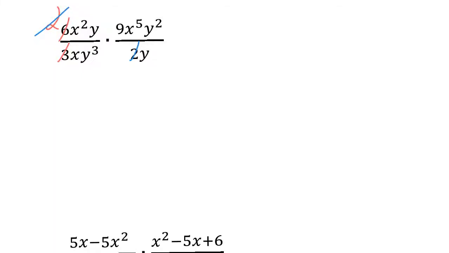So I'm left with the only number on the top, which is going to be 9, and the denominator is going to have a 1. And overall, I have x squared over x, and then I have x to the fifth. So this 1x here can cancel one of these x's. And x to the first times x to the fifth gives me x to the sixth power.